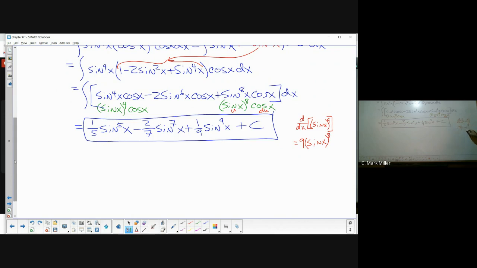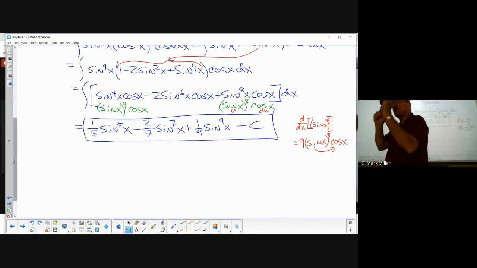Then the derivative of the inside pops out, cosine x. So with the chain rule, the cosine pops out. U substitution is the chain rule backwards. So if you go the opposite direction, that cosine goes back in to make that a 9th power. And that's what happened to the cosine on all these terms. It goes away.